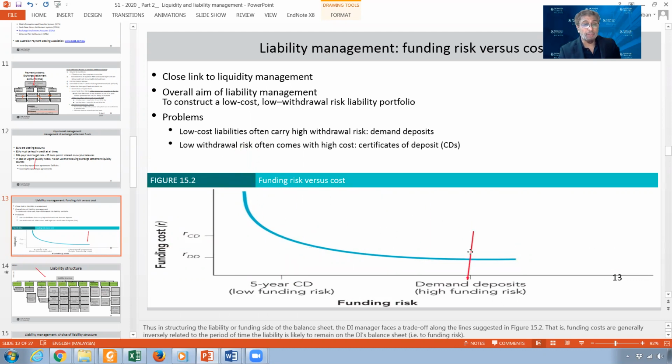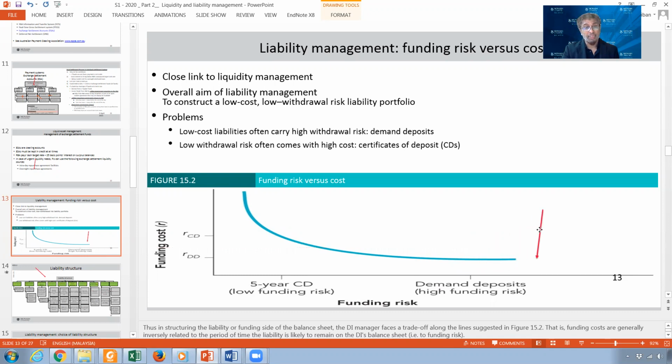But when we talk about demand deposits, you pay them now how much? Less than 1% and something. But the withdrawal behavior of the demand deposits, either saving accounts or current accounts, is that they withdraw their money on a frequent basis.